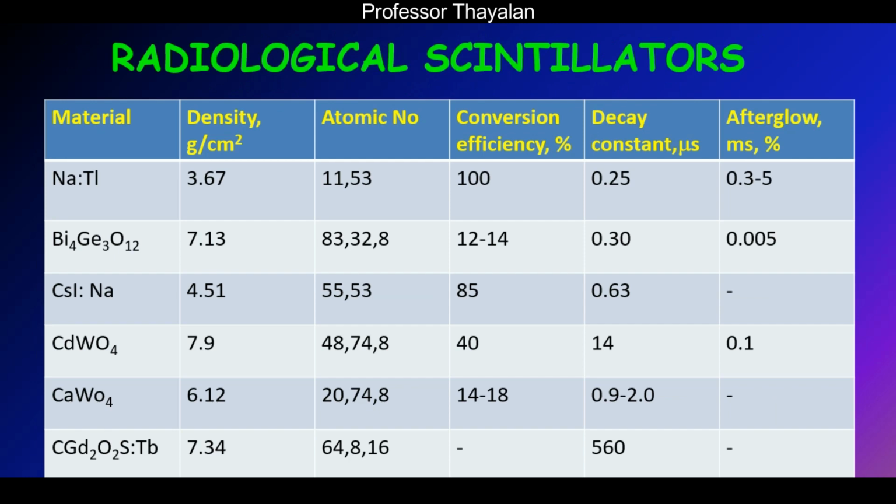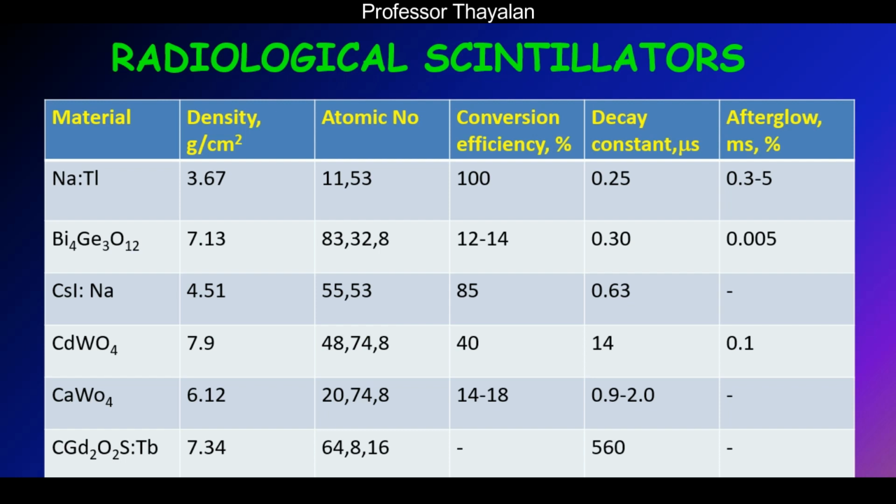Decay constant means after excitation how quickly it comes to the normal ground state, a time in microseconds. Afterglow is, once the light is emitted, how long the light stays active in the system, in milliseconds. Generally afterglow must be minimal. The lowest afterglow is the best detector to be used.